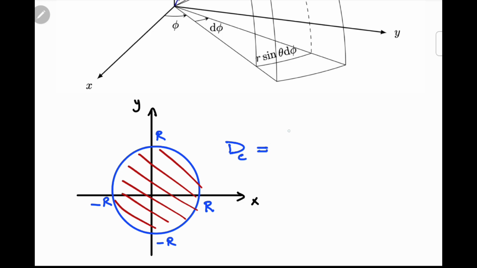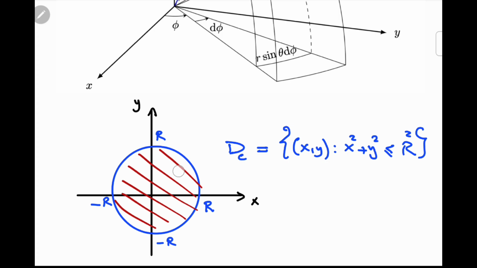This region can be expressed as all the points x and y, such that x squared plus y squared is less than or equal to r squared. So all the points inside the disk satisfy this relationship.